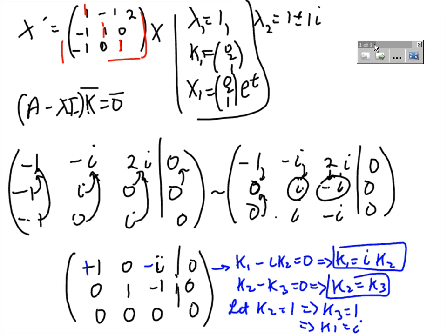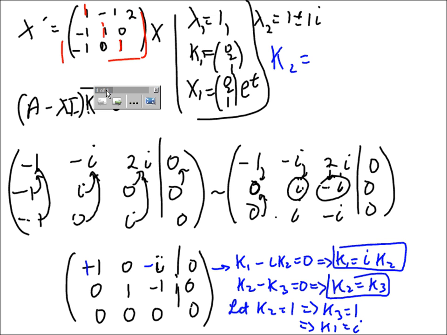Because k1 is i times 1, because k2 is 1. So then what we have is that k is equal to k1, k2, k3. Now this we want to break up into the real parts and the imaginary parts.